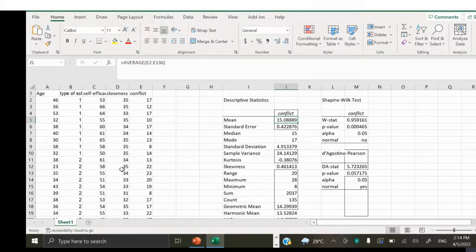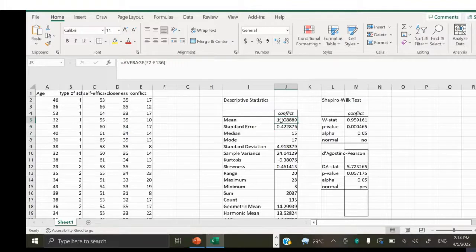So this is not the total population of parents who are doing this. So I just got a sample, and this standard error reflects the difference of the mean of this particular sample from the total population. So this is not the estimated standard error.